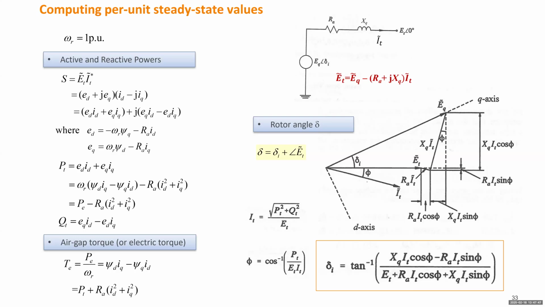But keep in mind, this formula is only good for lagging power factor. If it's a leading power factor, which means phi is negative, the current is leading the voltage, or the generator is operating as a load, the current is separated from the voltage by more than 90 degrees. The formula will still look like this one, but you can imagine somewhere we'll have a negative sign. Some positive signs become negative, some negative signs become positive.